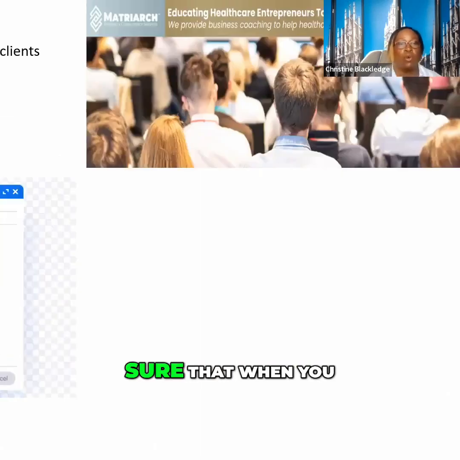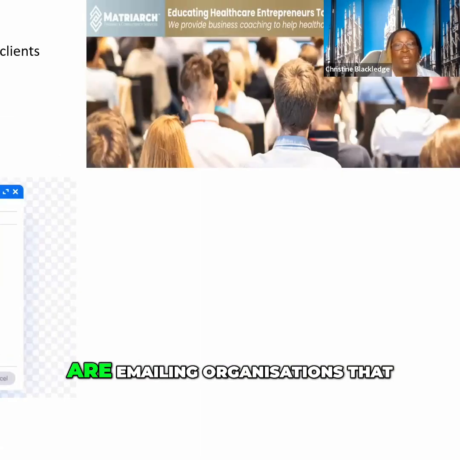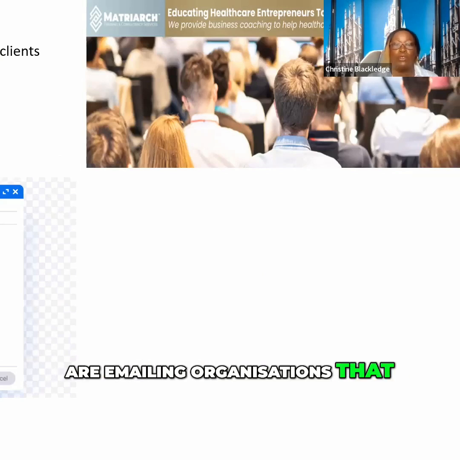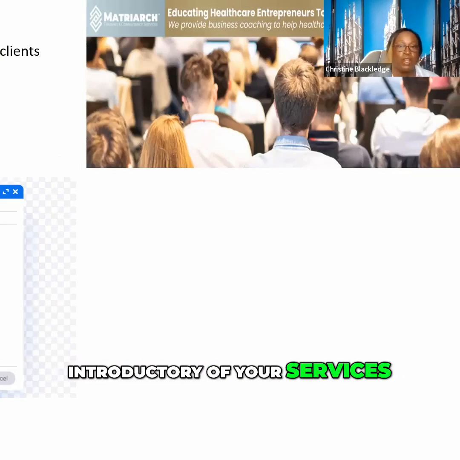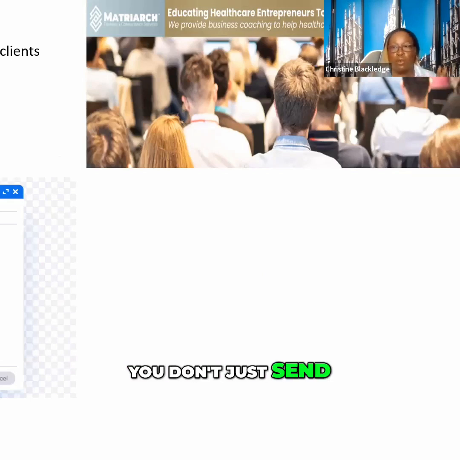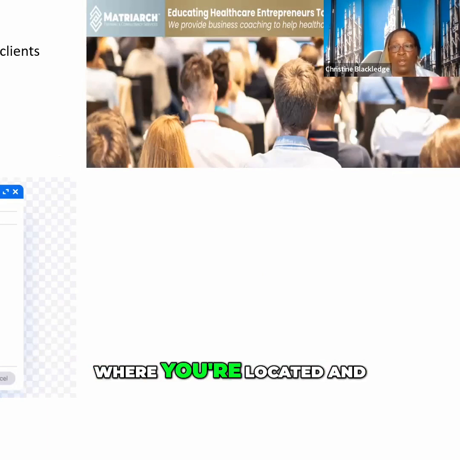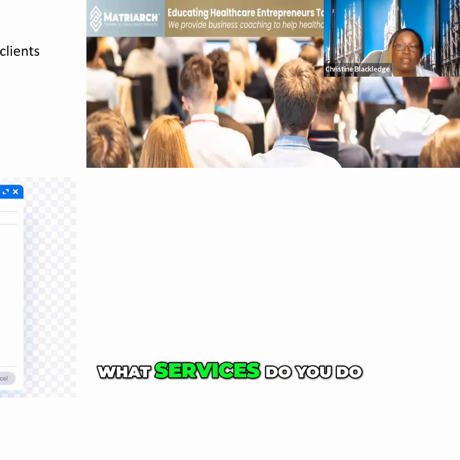You need to make sure that when you are emailing organizations, you do a proper introduction of your services. You know, you don't just send your presentation pack. You've got to think about what wording you're going to use, and it could be in the form of: I'm writing to introduce our services, for example, the company name, where you're located and what services you do.